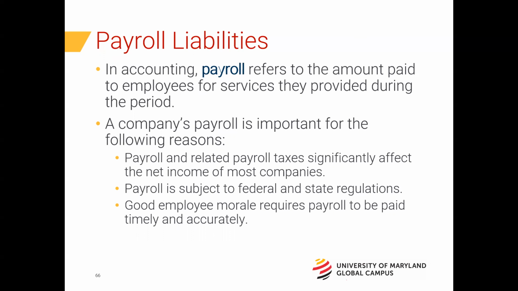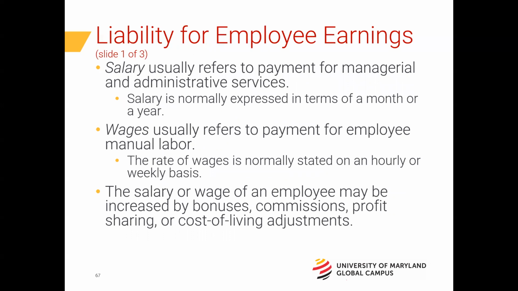There are a couple of things related to payroll: payroll taxes and other benefits. Benefits and taxes, those are the two primary things that come out of payroll. When we talk about payroll, salary is usually for a fixed annual amount.